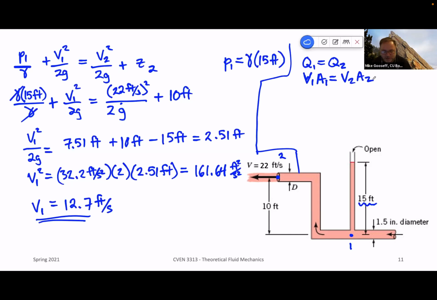We should be able to rearrange this to solve for A. What I'm going to do instead is plug in all the values that we know and leave this in terms of D2 on the right-hand side.